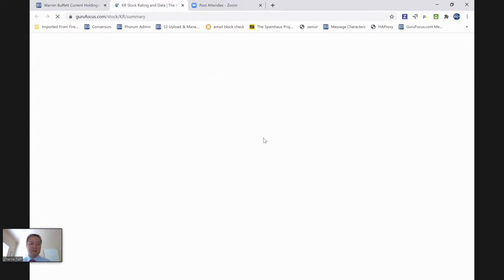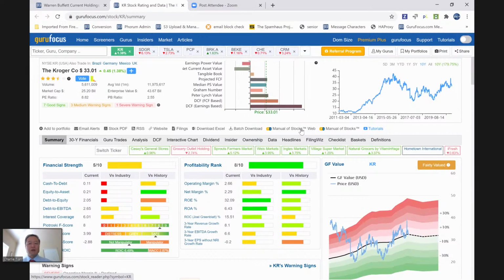Kroger, we all know what it does, and it has a PE ratio of only 8.8. This is actually unbelievable. Warren Buffett is buying companies with PE ratios of 13 and 8.8, while the hot technology stocks are trading at around 30, 40, 50s PE ratio. And Warren Buffett is buying very low valuation companies.